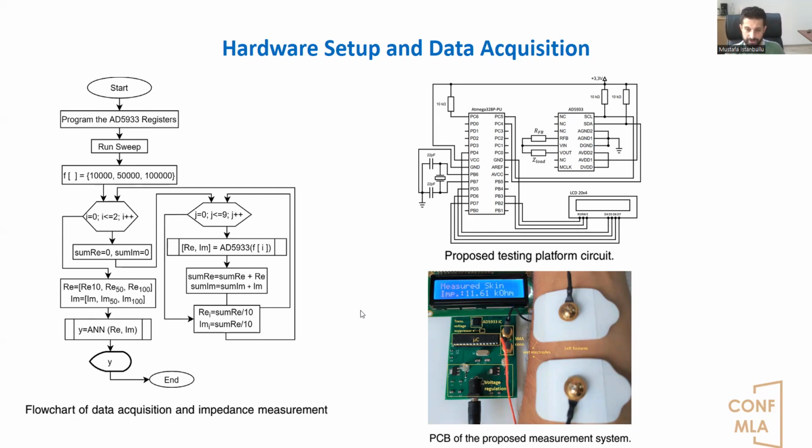A 10 kilo ohm resistor is chosen as a fixed calibration impedance. After connecting the unknown impedance to the Vin and Vout pins, the measurement result is displayed on the LCD screen as soon as the completion of execution. The printed circuit board PCB photography of the measurement system with annotated blocks is given in the bottom right figure.